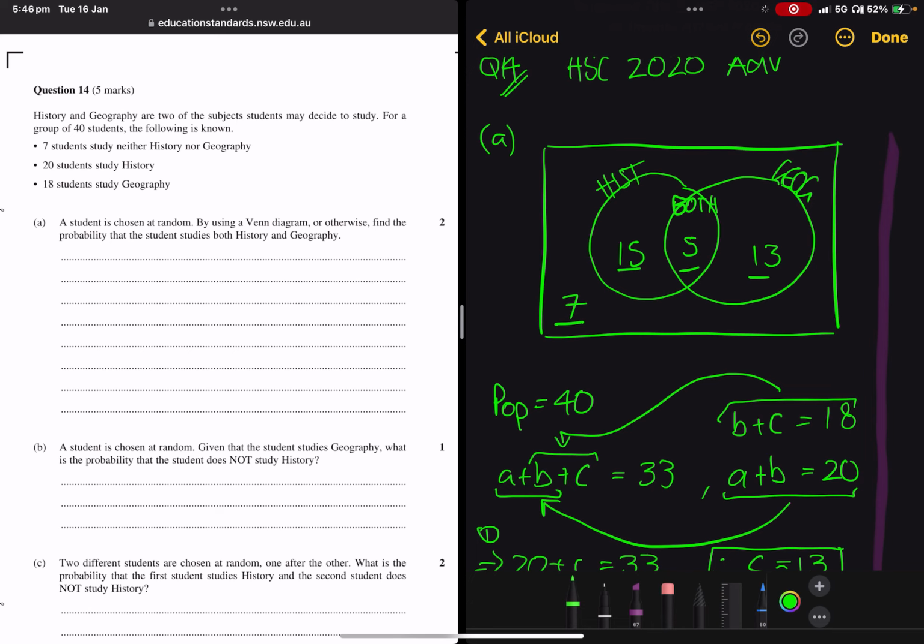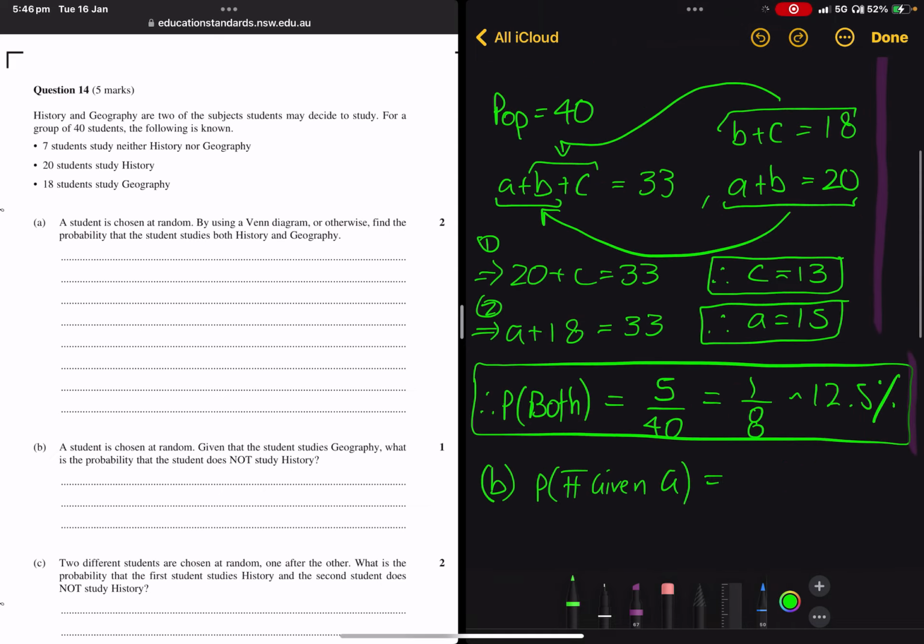Given that the student studies geography, so this is the 18 people over here, our denominator will be 18. What is the probability that the student does not study history? Well, 13 of the 18 people do not study history because they're the people who only study geography.